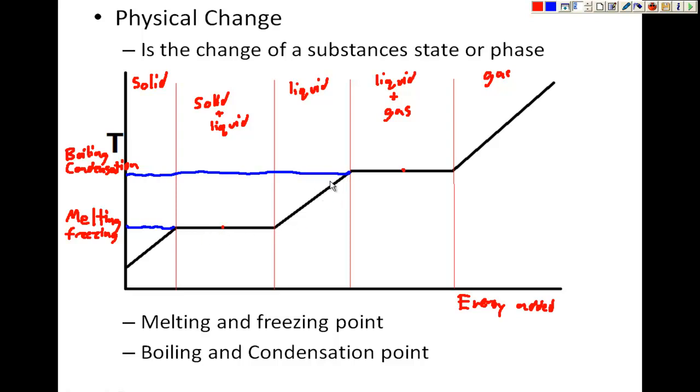Sometimes for certain chemicals, you could have it going from solid and then it just goes straight to gas and skips this whole liquid stage right here. It just goes from solid to gas, and what we call that is sublimation.